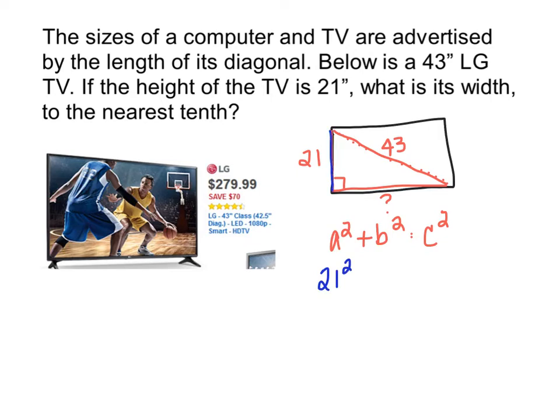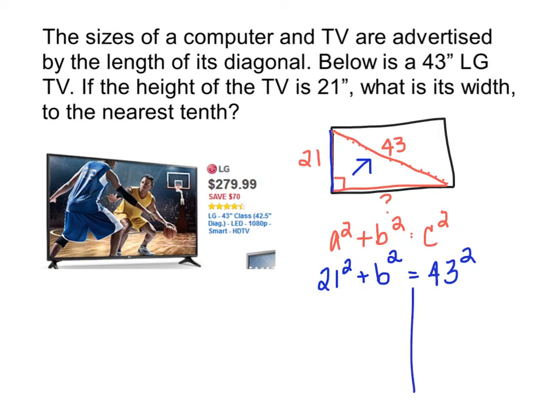It helps form the right angle. I'm also given the number across from my right angle, which is my hypotenuse. So that's going to get plugged in for c. I'm looking for my width, which means I'm looking for a leg, which means I'm looking for b squared.